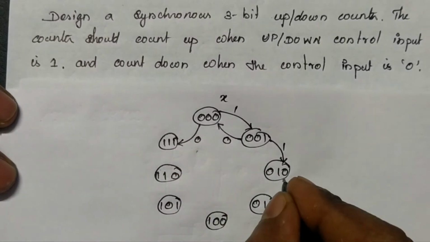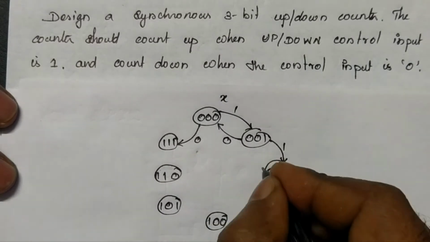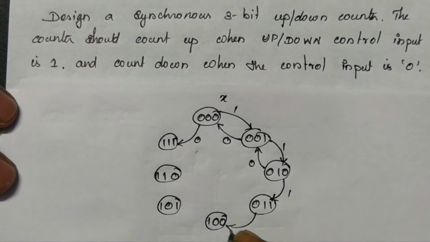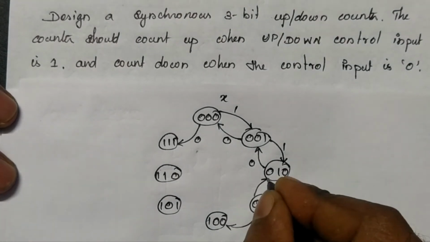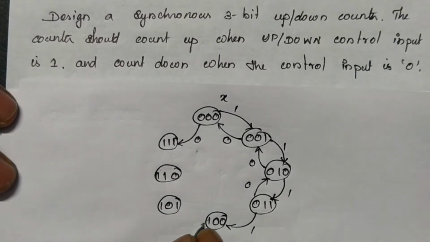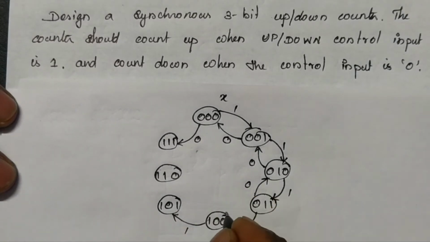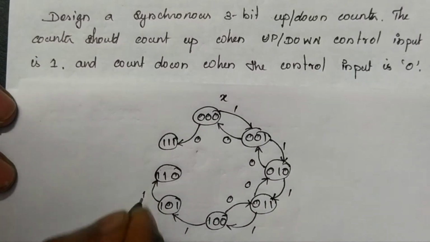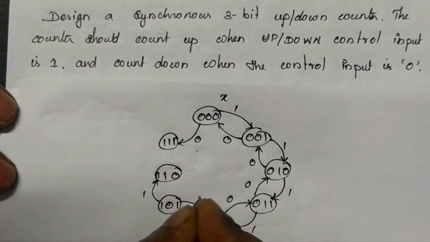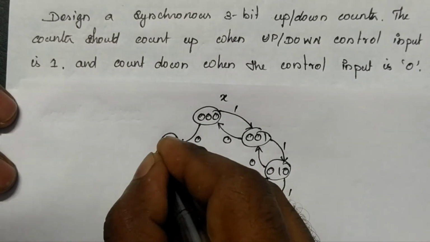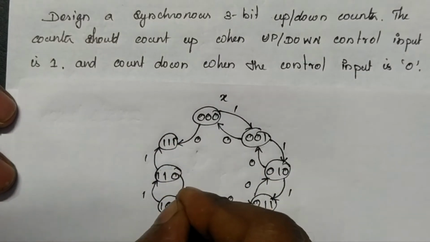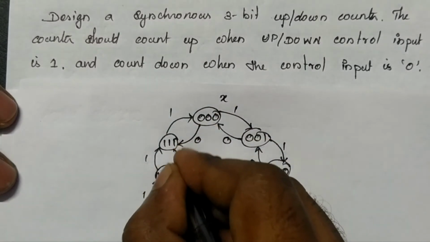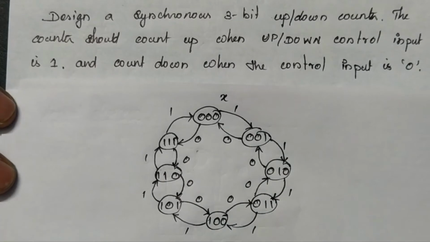So likewise for every state, up count for 1, down count for 0.